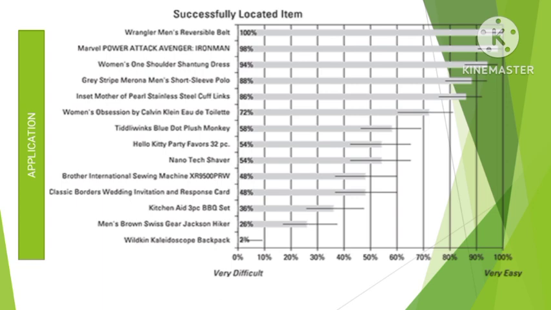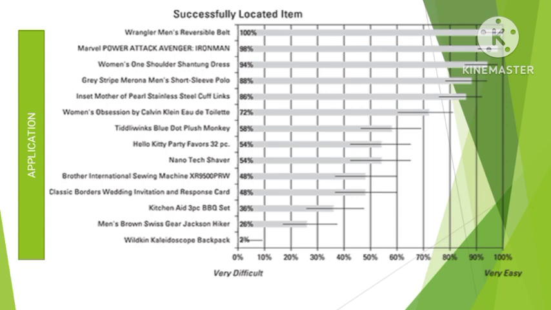Another item, the Marvel Avengers Iron Man power attack, was also rated 98%, and it is very easy to find. These are the items that are easy for our customers to find.